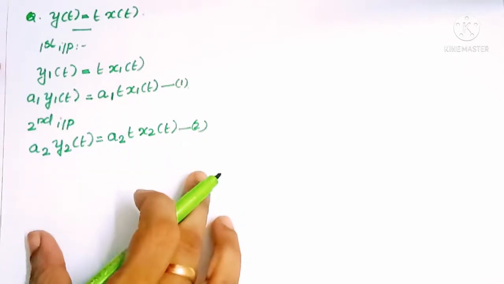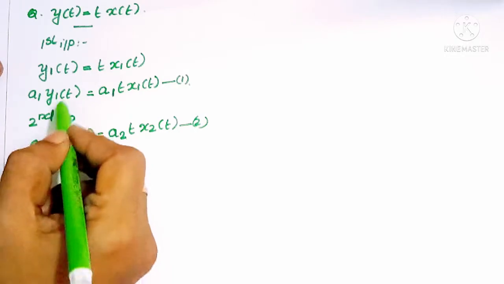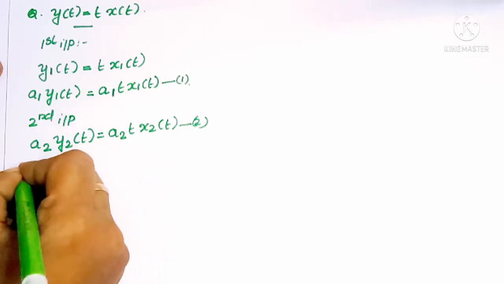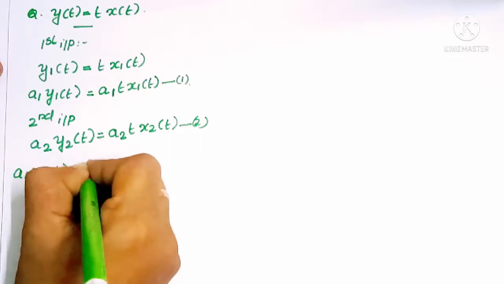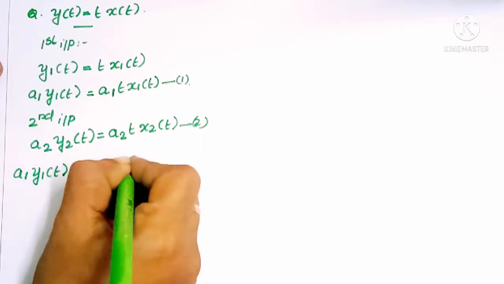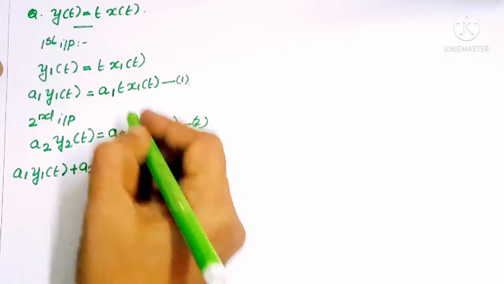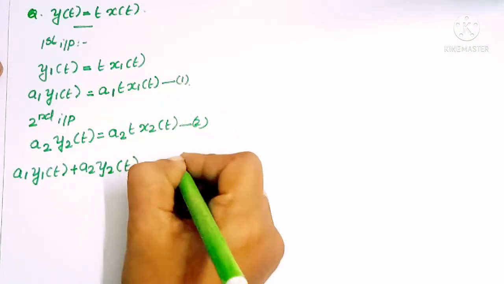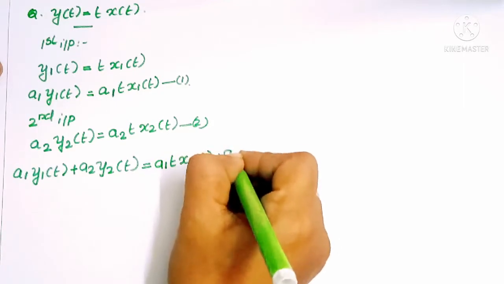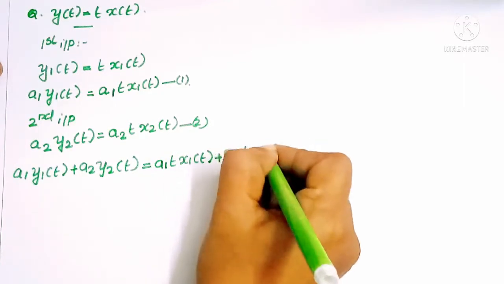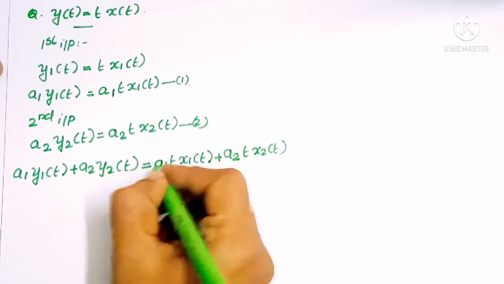Then we add the individual responses: a1 y1 of t plus a2 y2 of t equal to a1 t x1 of t plus a2 t x2 of t.